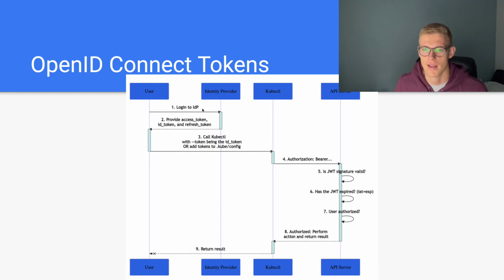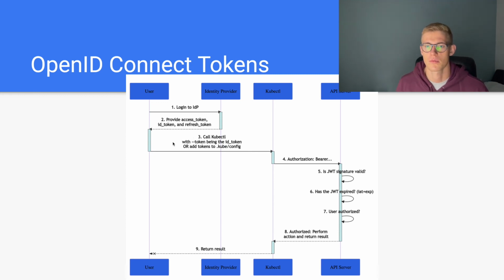So, as I said, you log in to your identity provider. That will return an access token, an ID token, and a refresh token. So the access token in this case isn't used. The ID token is what we use to contact the API server, and the refresh token is used to get a new token after our ID token expires.